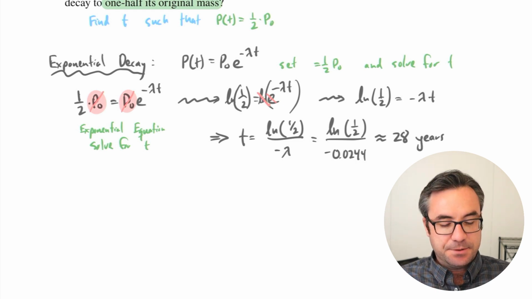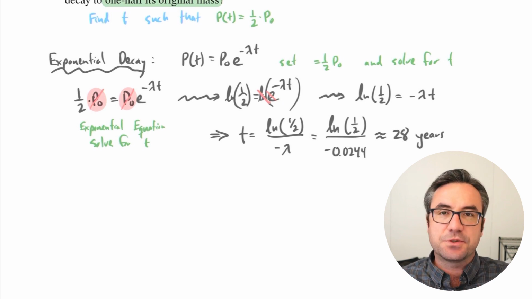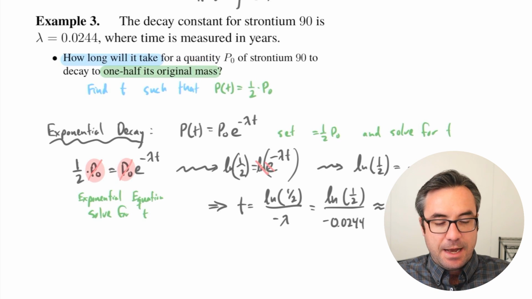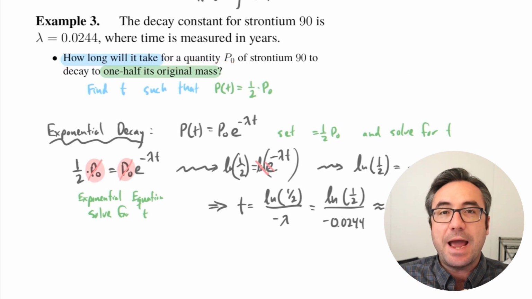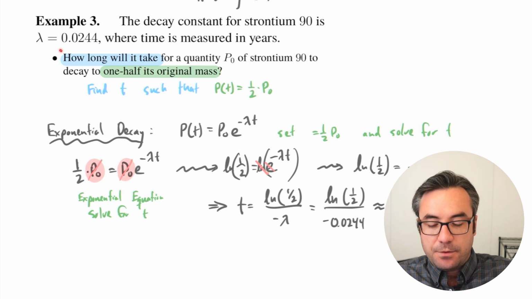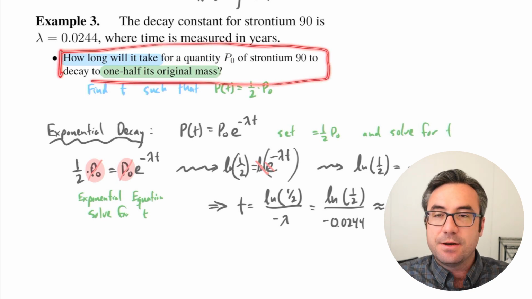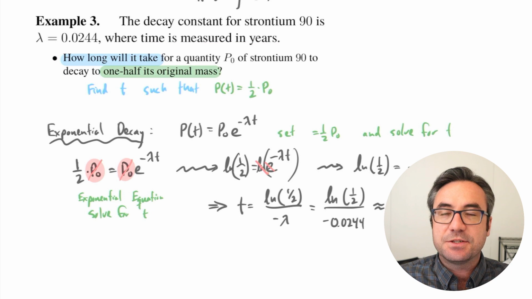And what we just found is another way to phrase the question here. How long will it take strontium-90 to decay to half of its original mass? Well, we could have asked the same question and worded it as find the half-life of strontium-90.